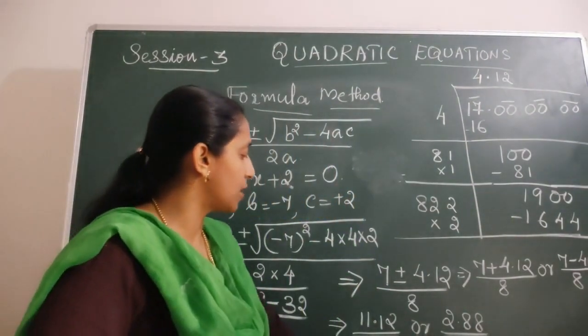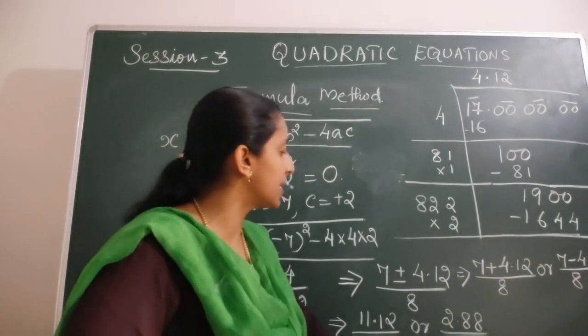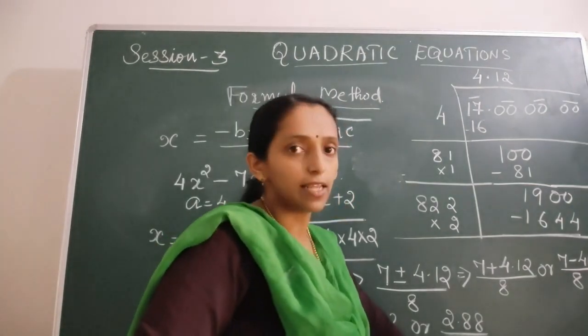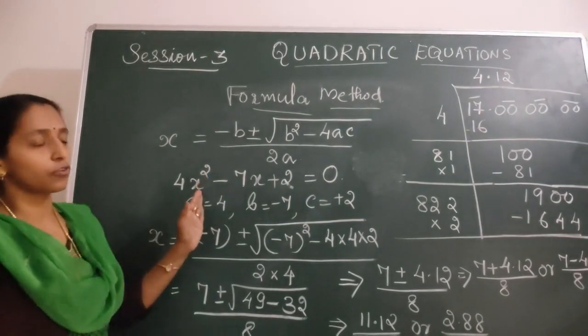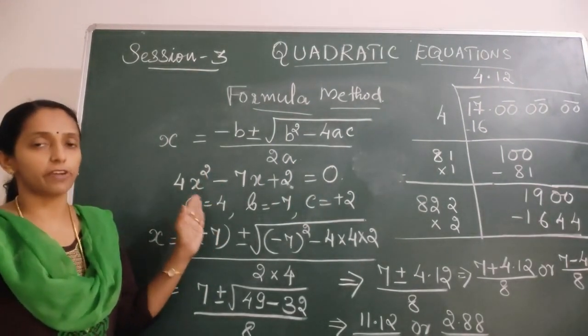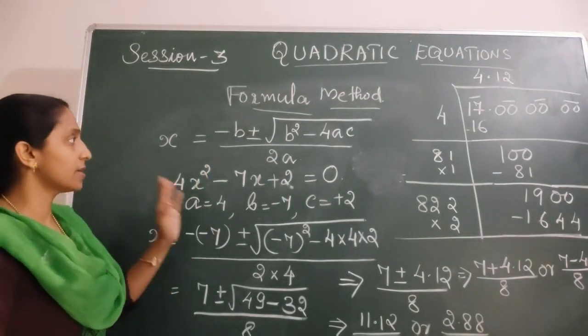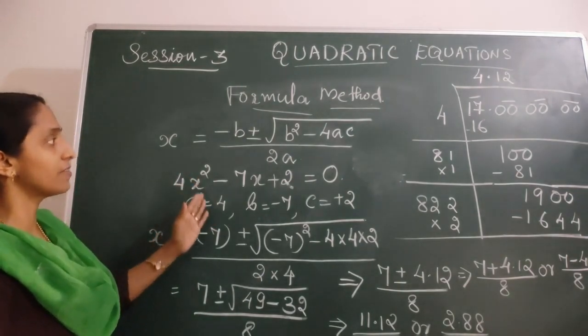We got two values for x, 1.39 or 0.36, right? Clear?